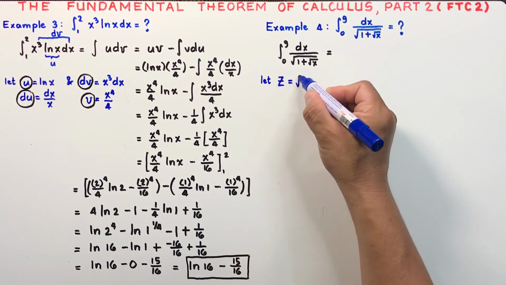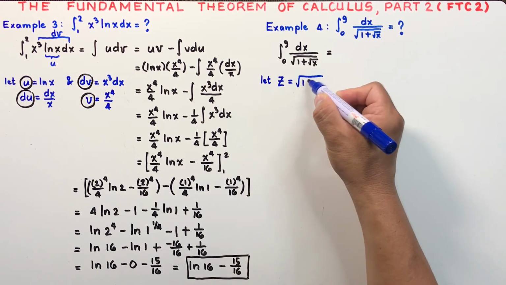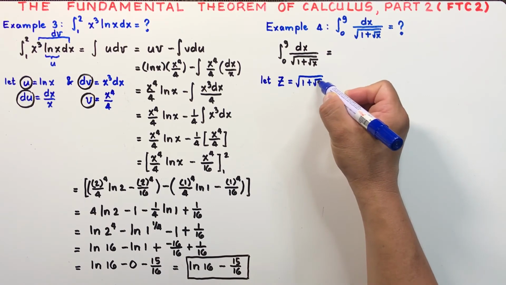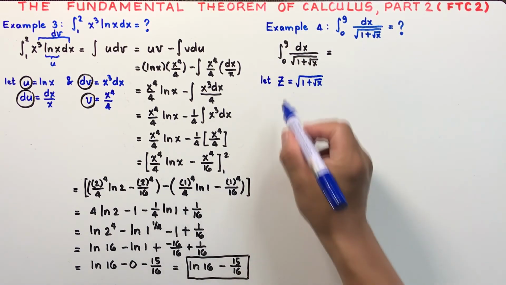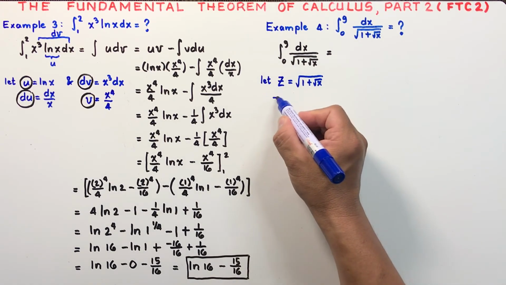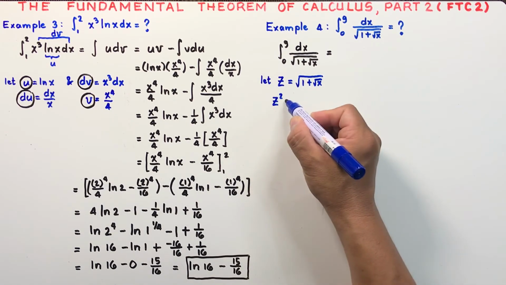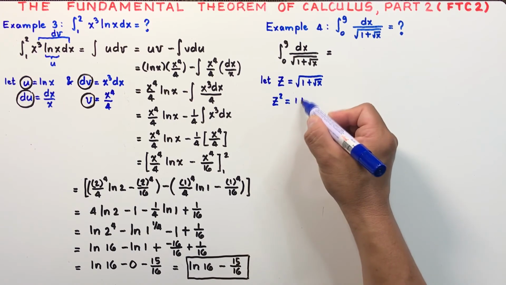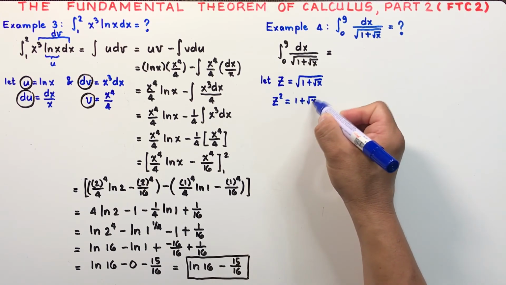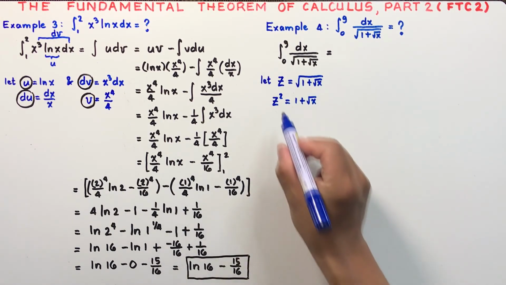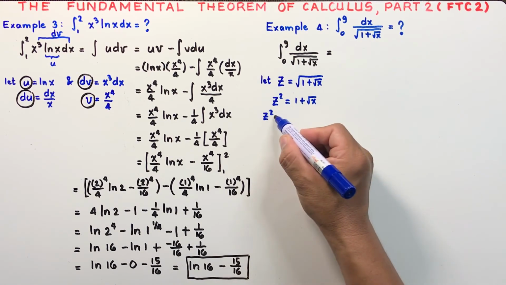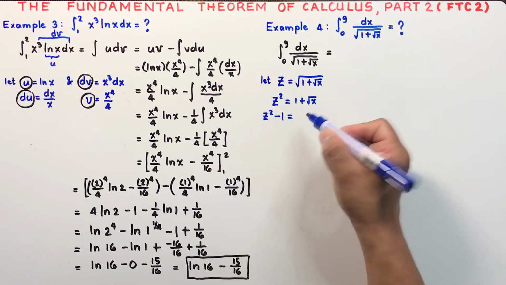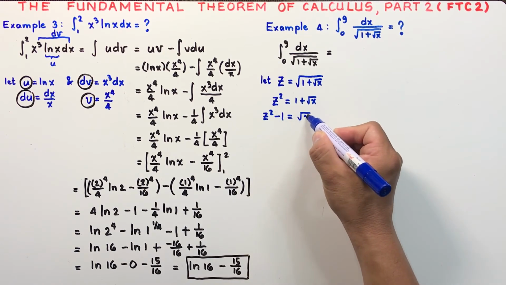So z is equal to the square root of 1 plus the square root of x. We can solve for x by squaring both sides of this equation. So we have z squared is equal to 1 plus the square root of x. Subtracting 1 from both sides, we have z squared minus 1, which is equal to the square root of x.